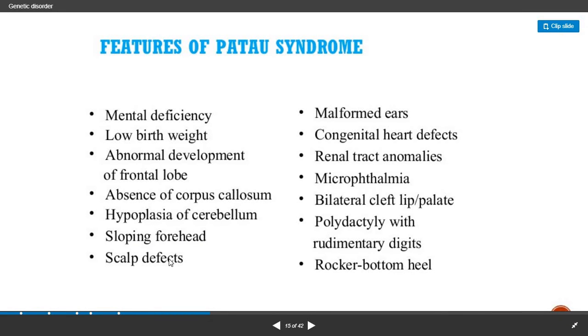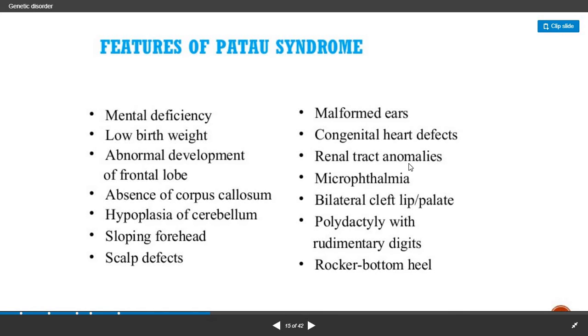Sloping forehead, scalp defects, meaning either the hair will be less or some kind of lesion will happen. Malformed ears. Congenital heart defects, meaning from birth the individual can have heart problems.